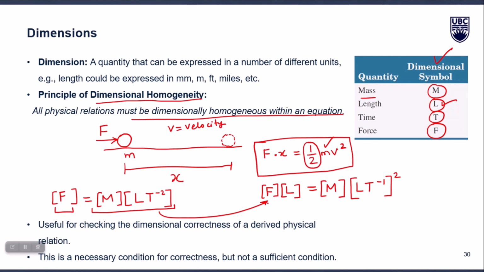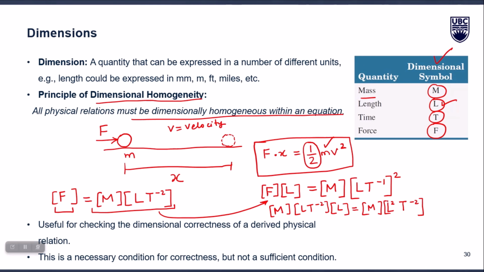So now the left-hand side will become M multiplied by LT raised to power minus 2 multiplied by L again is equal to M on the right-hand side. And then you will have L raised to power 2 multiplied by T raised to power minus 2, right? So that square will go to both.